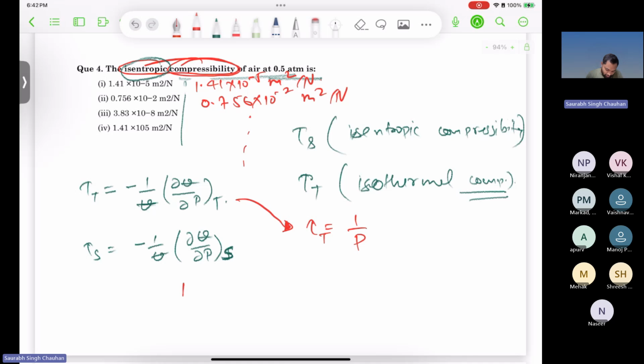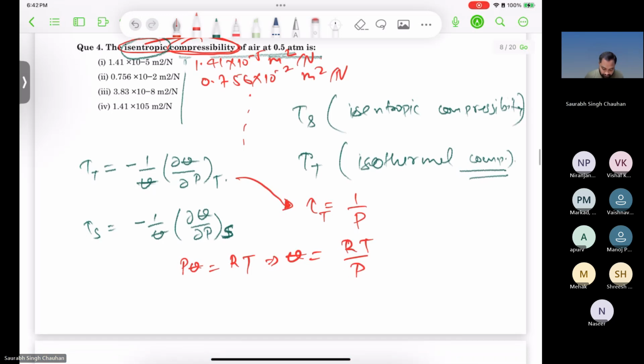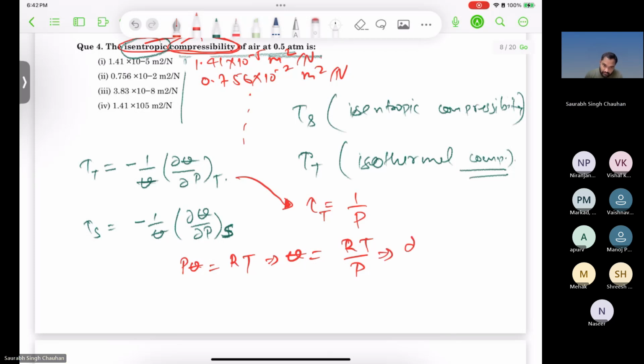So the ideal gas equation, you know, PV is equal to RT, right? So V is your RT by P. So dV by dP at constant temperature will be equal to minus RT by P square.